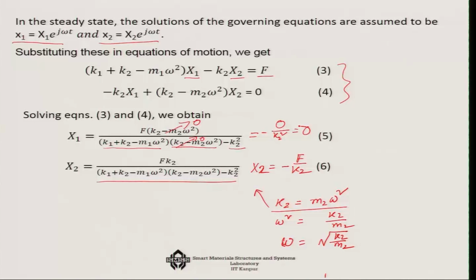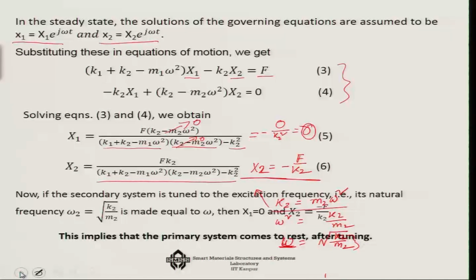So, if I can match k2 and m2 with the excitation frequency omega, then we will have a response of the secondary mass, but no response at the primary system. That is the objective of such a tuned mass damper.